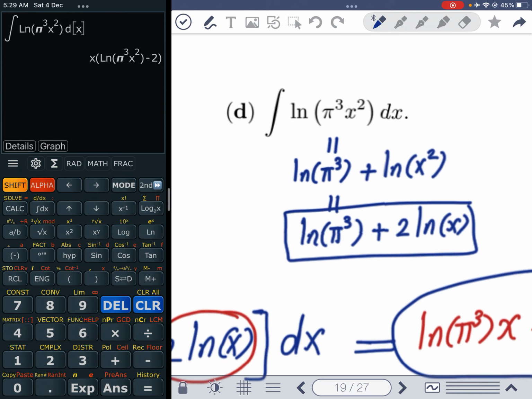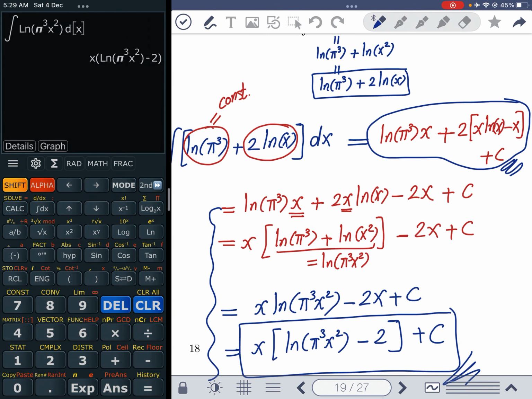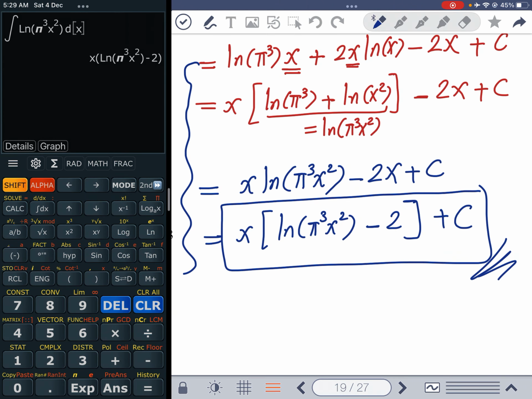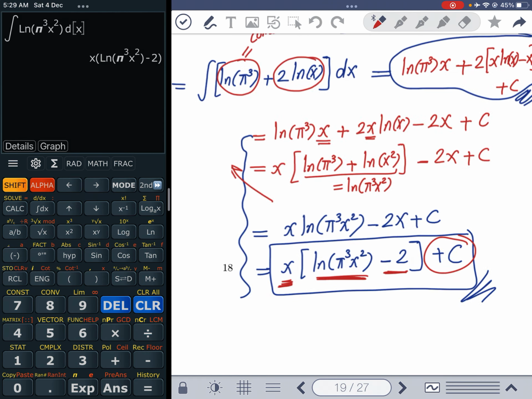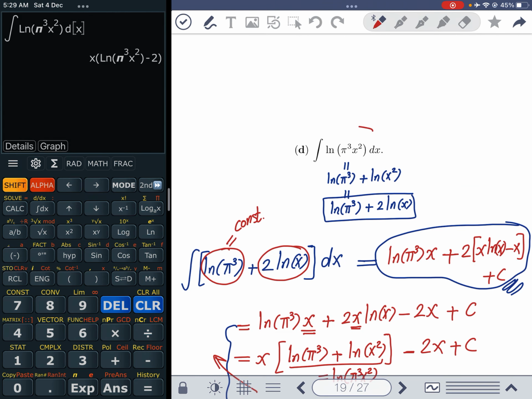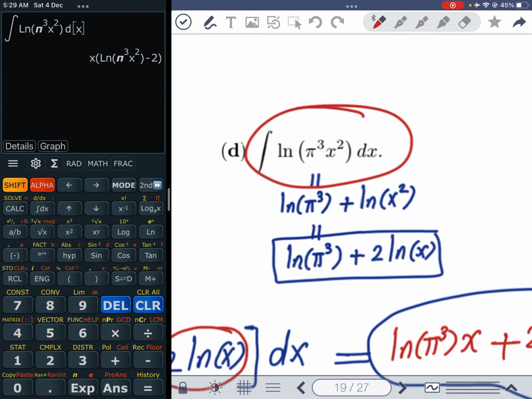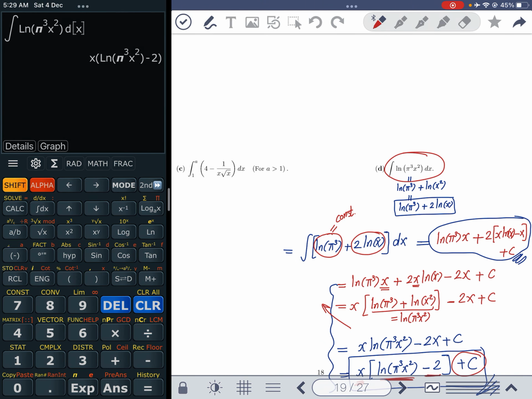So you see x times ln, it's exactly what we got. X is outside like you see in the formula here, and then inside ln pi cube x squared minus 2. Perfect. And of course you put plus c because it was an indefinite integral, so you need to add a constant at the end. Our calculator doesn't put plus c. Okay, and I will stop here.